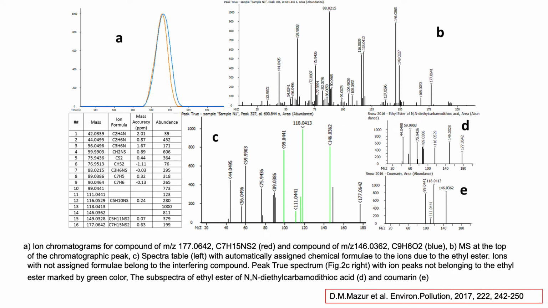Sometimes you can achieve the result using a mathematical approach in the software. For example, here you can see a mass spectrum recorded at the top of the chromatographic peak, and as you can see, the spectrum is quite rich.